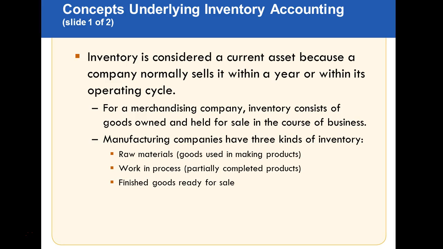Those finished goods are ready to be sold. So with manufacturing companies, instead of just going out like a Target and buying the end goods to sell, manufacturing companies make those goods. So they purchase the materials to make the goods. They have goods that are, while they're creating them, the work in process. And then they have the finished goods that are all complete and ready to be sold.